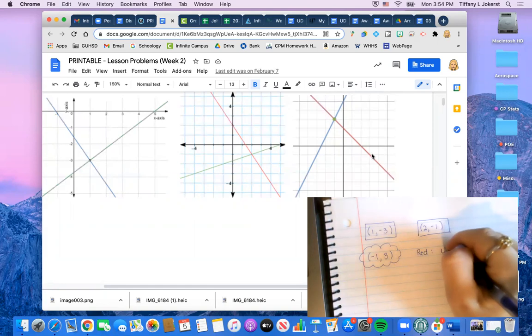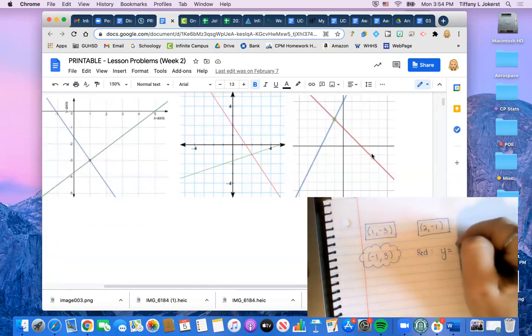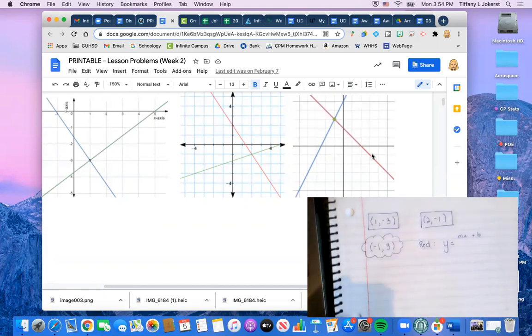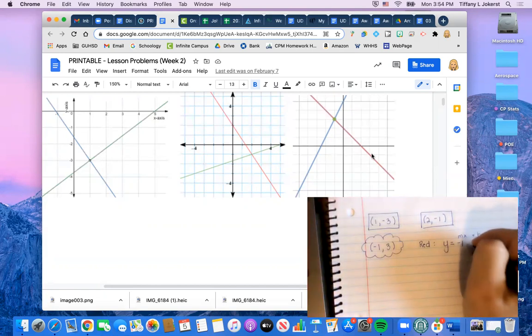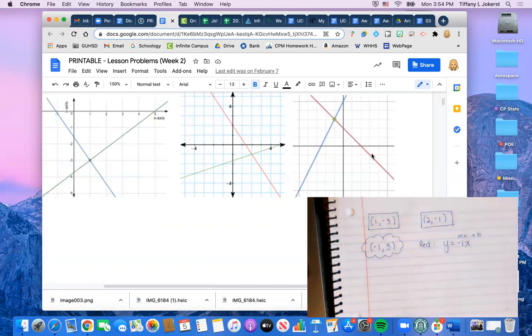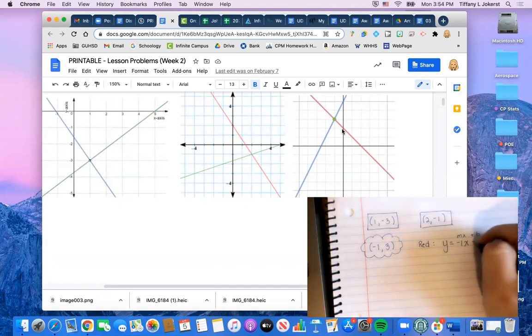So my slope, I'm going to have y = mx + b. My slope is -1. So I'm going to have -1x, or you could just put -x, and then my y-intercept, my plus b, is at 2. So I'm going to put +2.